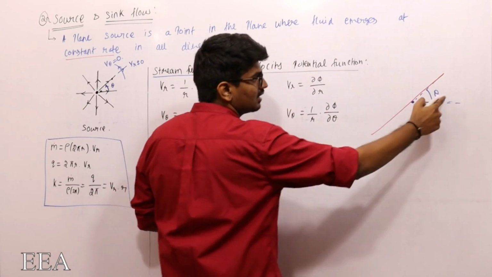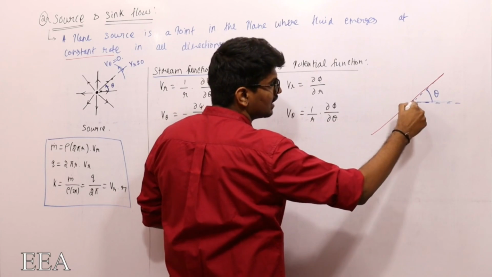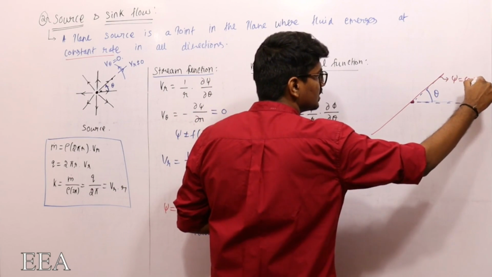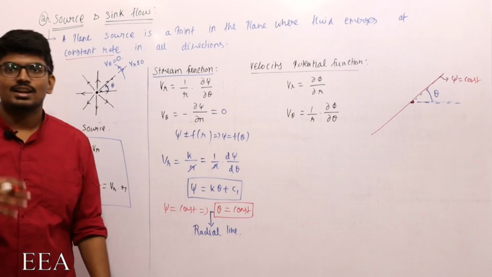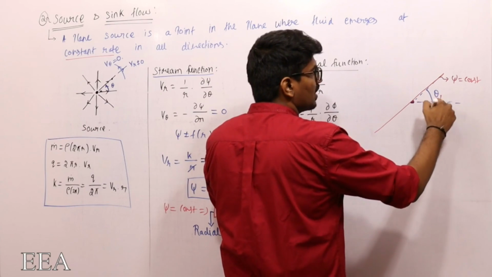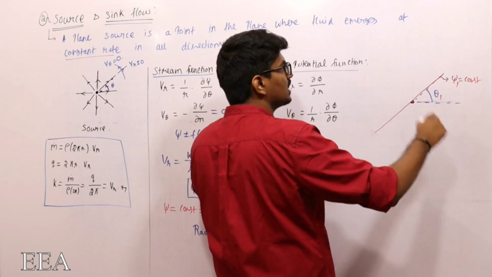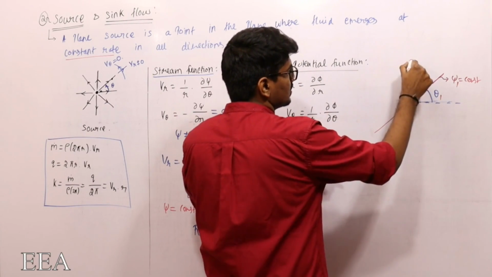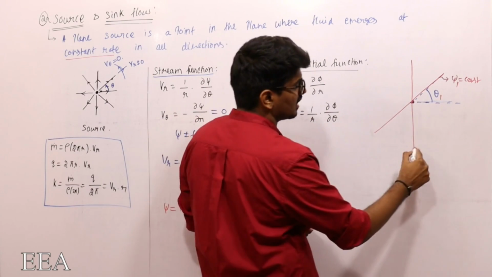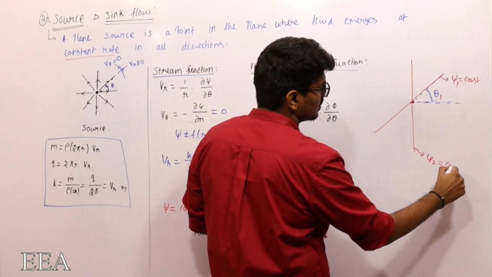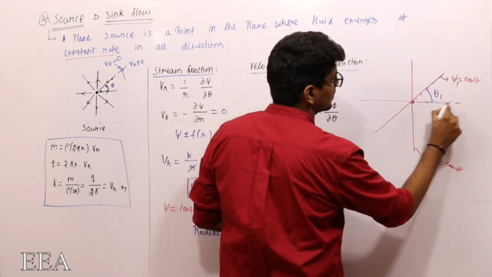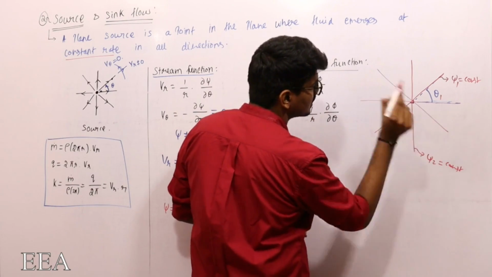So for maintaining theta constant everywhere, the line should be a radial line and it represents psi constant. Similarly, I can get different psi. For some theta 1 I am getting psi 1, for some theta 2 I will get another psi line, let it be psi 2 equal to constant. Similarly, for some other theta I will get something like this.